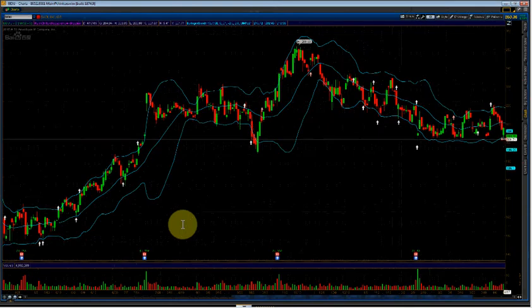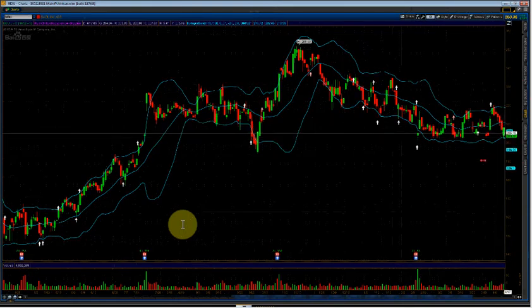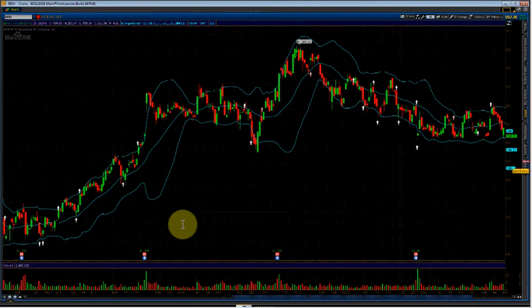Because of that right there, am I buying calls on this move off my support line? No, I'm not going to buy those. Now, the fact that I'm not buying calls, does that make me positive that it won't go up? No.